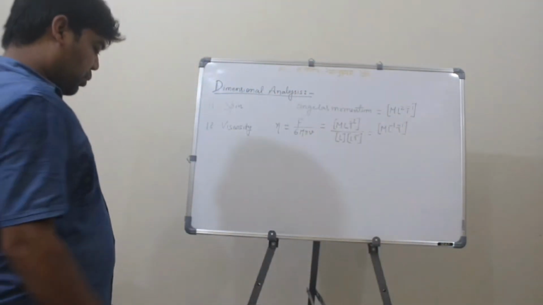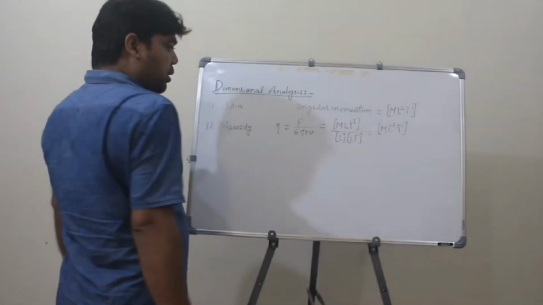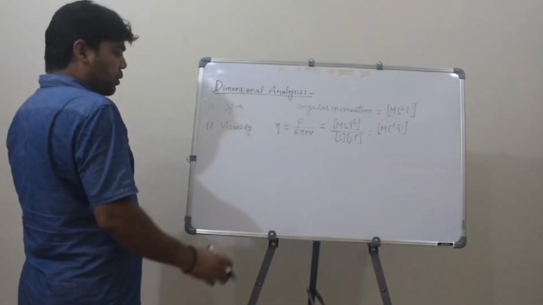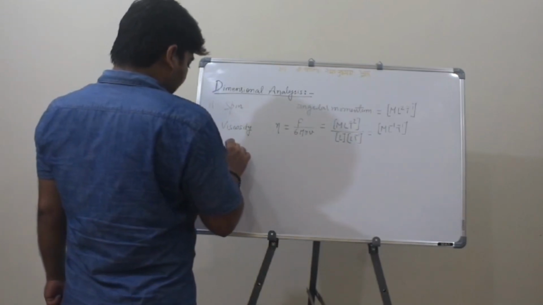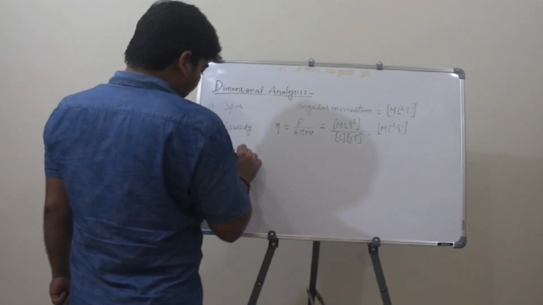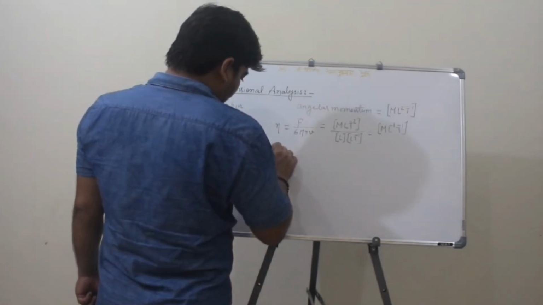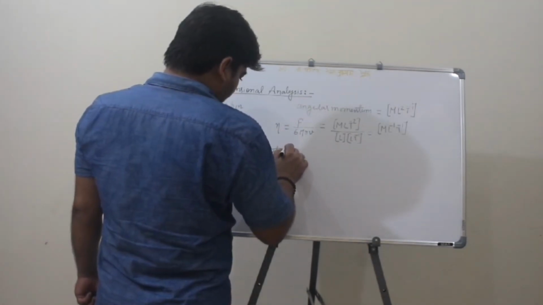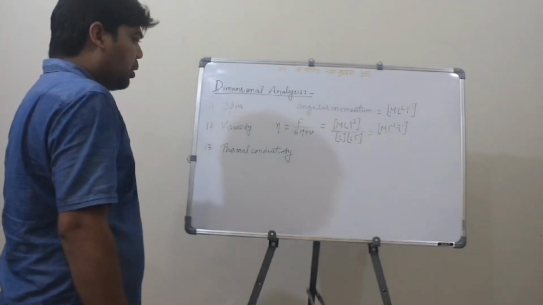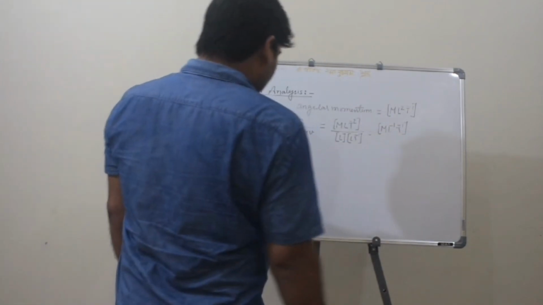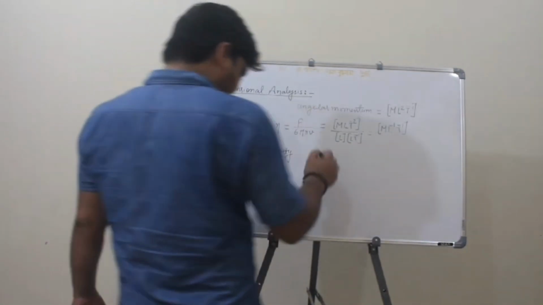Right? So let us go to thermal conductivity. Now this is a simple dimensional formula for your viscosity. Now let us go to thermal conductivity. Thermal conductivity is nothing but the energy per unit time and per unit temperature.